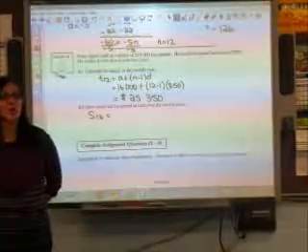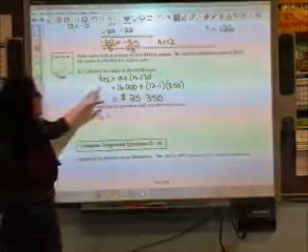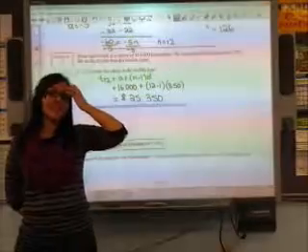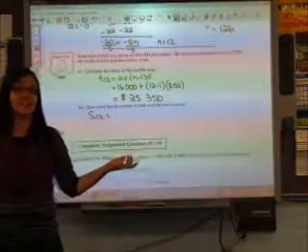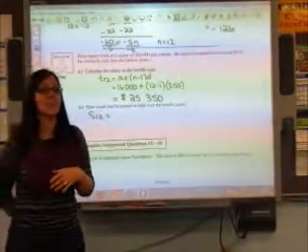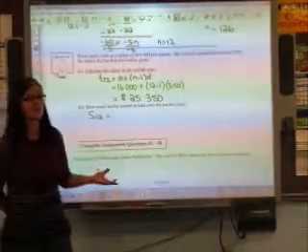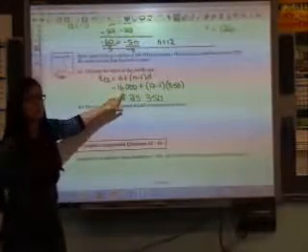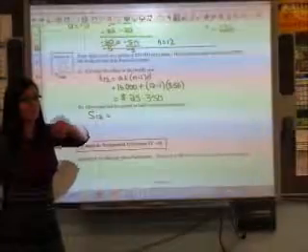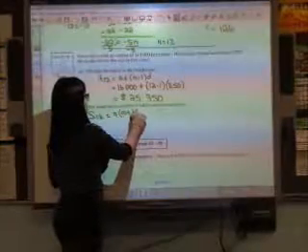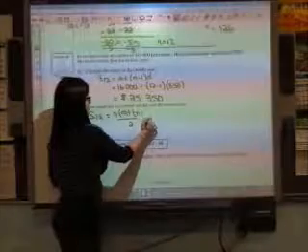I could use either formula because the first formula takes this T of N formula and then throws in another A. So that's where I get the 2A plus N minus 1 times D. And then I multiply that by the number of terms and divide by 2. So I could use the first formula, or I could use the second formula, which is the N times A plus T of N divided by 2.